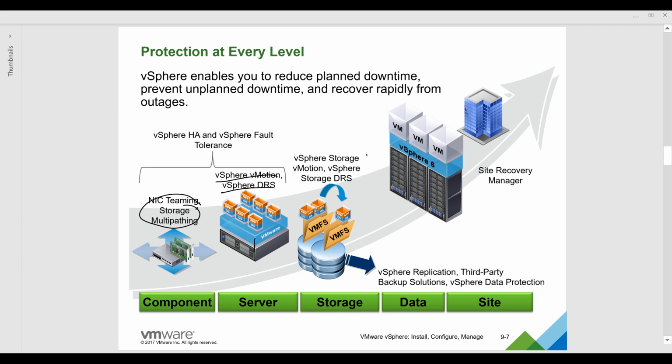We use Storage vMotion and Storage DRS to make sure our storage systems are available to get to the virtual machines. Beyond that, with our data, we can use vSphere Replication or third-party backup solutions to replicate our data from one data center to another, or we can use Site Recovery Manager, which is a VMware solution for replicating our data to another data center.